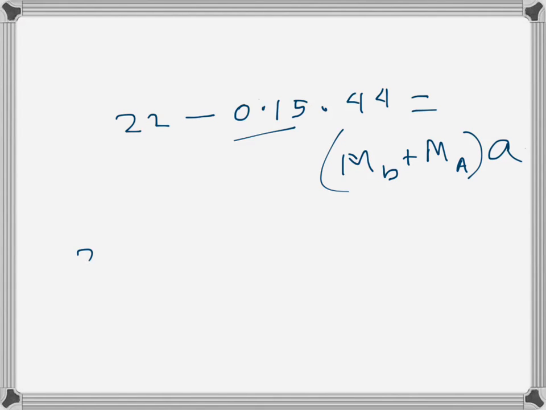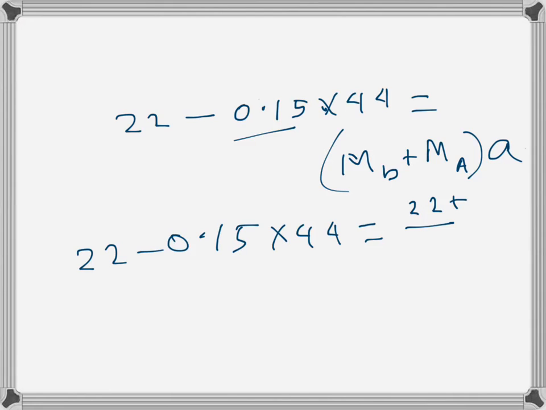So 22 minus 0.15 times 44 equals the two masses, which is 22 plus 44 divided by 9.8, times a. So from that we get a as 2.29 meter per second square.